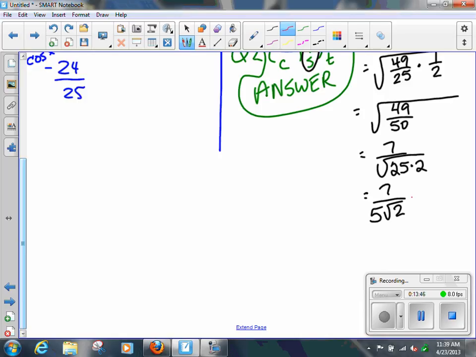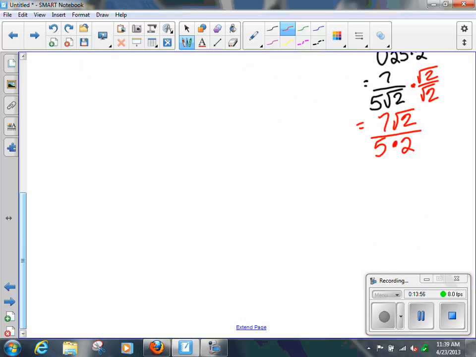So just the piece I'm trying to get rid of, root 2 over root 2, which is 7 root 2 over 5 times plain old 2, which gives us 7 root 2 over 10. And I'd already determined that the sign was positive. Holy moly. Are we good? That's my answer.